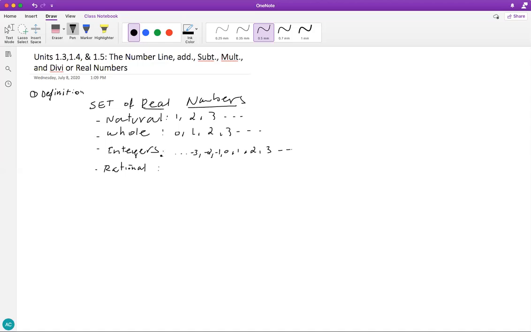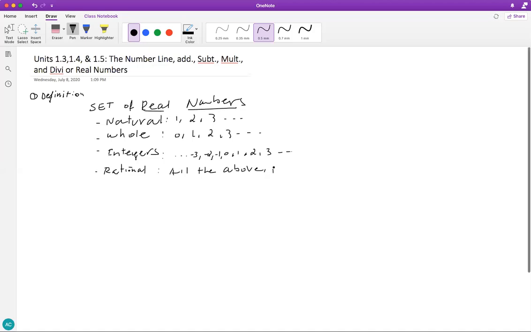Okay, so that group basically contains all the above, plus decimals, also known as fractions. So decimals are basically another form of writing fractions.